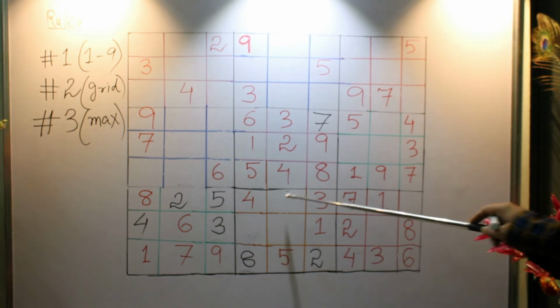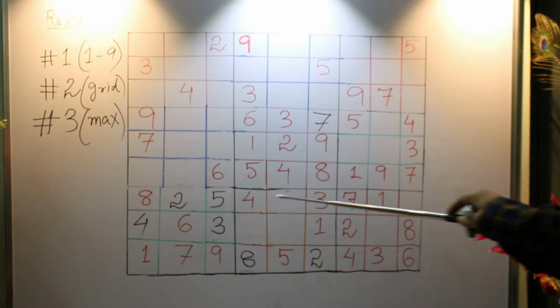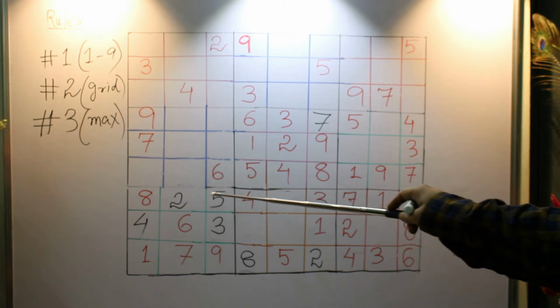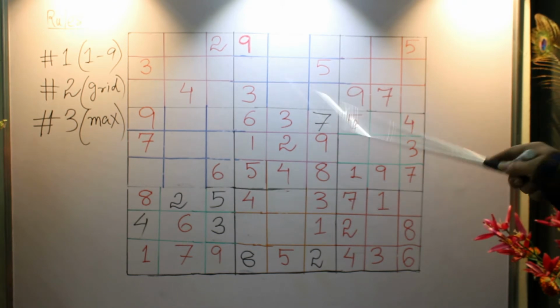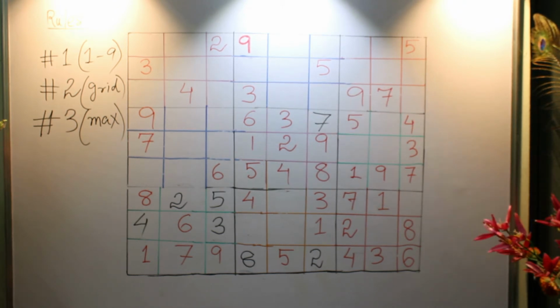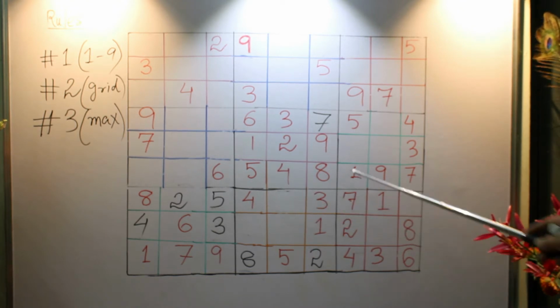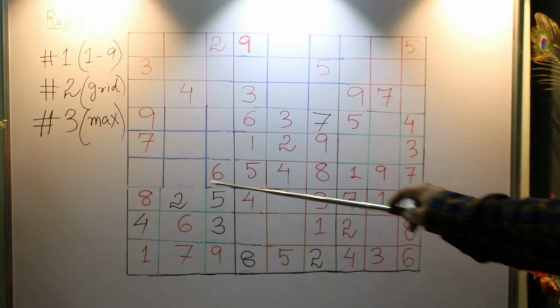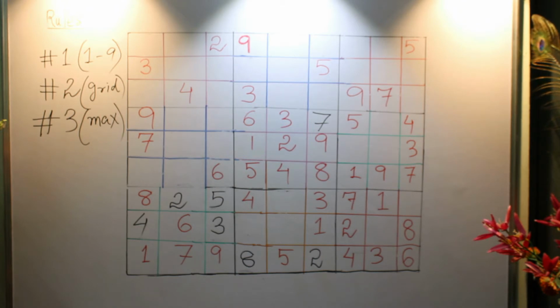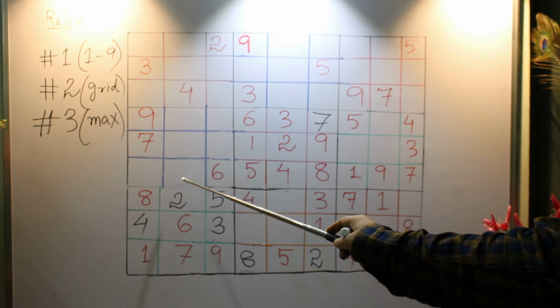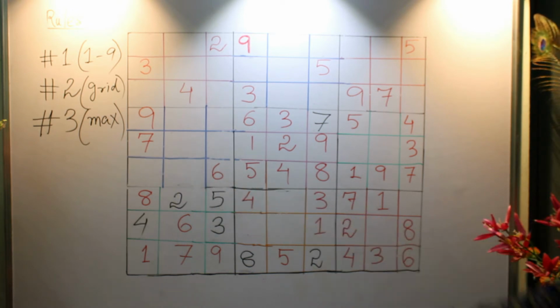Now come to this. You have to check where you can fill the number easily. You see here, 2 numbers are not there. At a glance you see that 7 is not there. 7 is here. 2 and 3 are not there, right?